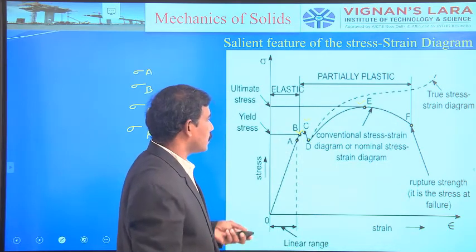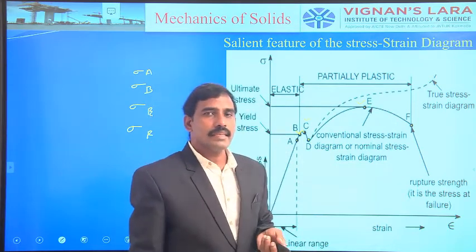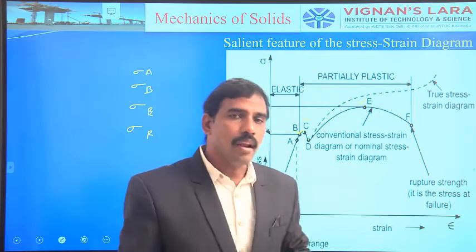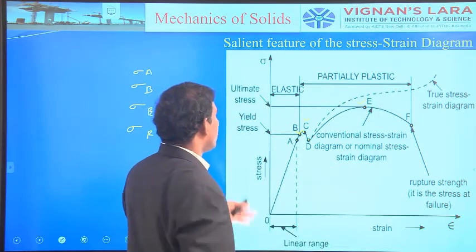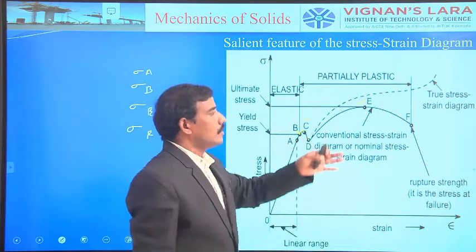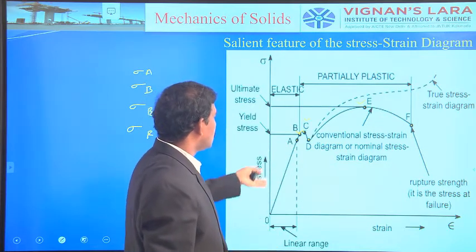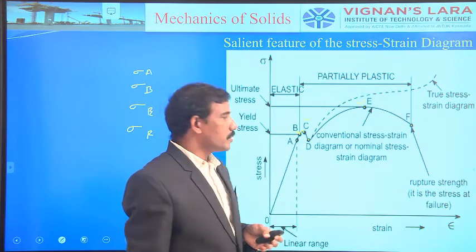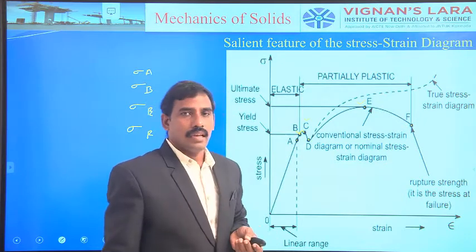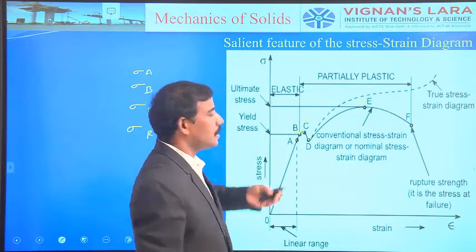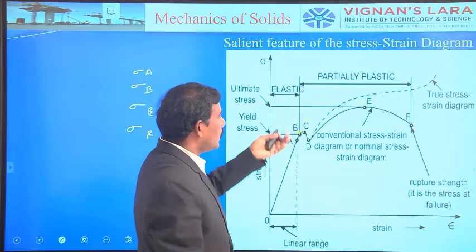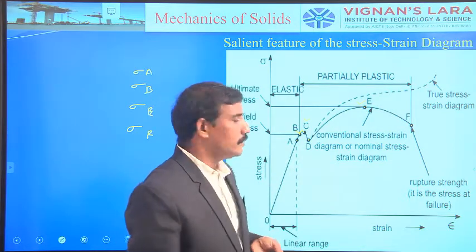For our convenience and better understanding, let us see one simple numerical example. Before solving the numerical example, what do we have to know? What is the limit of proportionality? What is the elastic limit? And what are the yield point, the ultimate point, and the fracture?